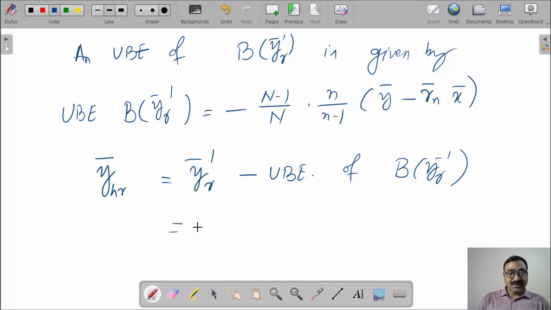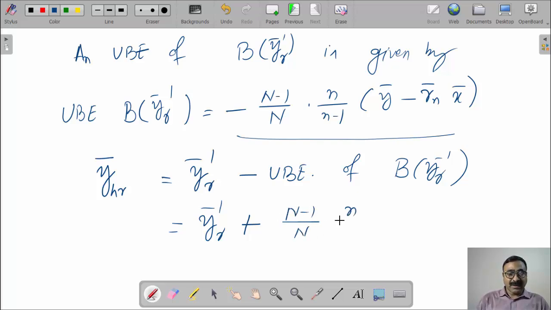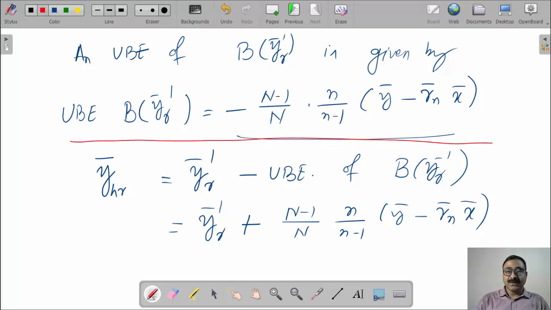So this is equal to y R bar dash minus, this is the unbiased estimator of bias, so this will be plus n minus 1 by n into n by n minus 1 into y bar minus Rn bar x bar. So this is the Hartley-Ross estimator of the population mean.